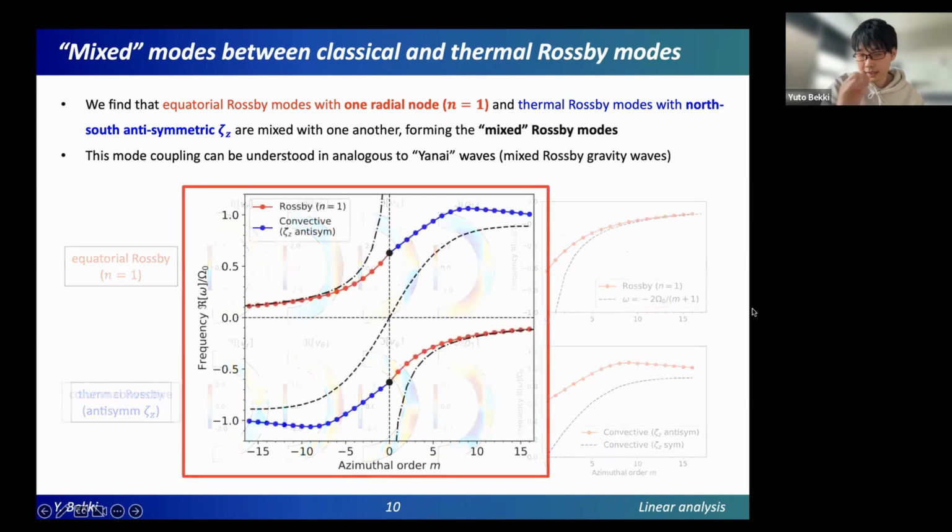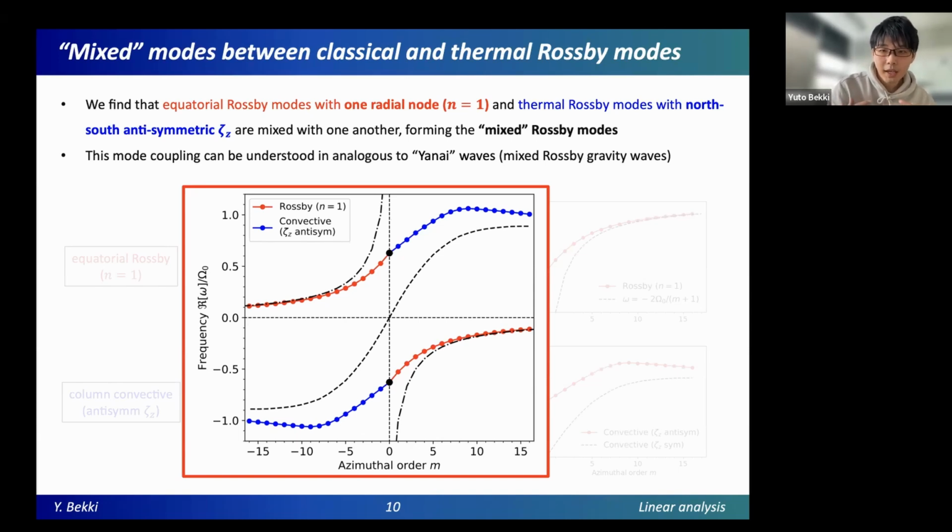What is interesting is that when they are plotted all together in a single dispersion diagram extended to negative m, we see that the dispersion relations of these two oppositely propagating modes are actually connected with each other across m equals 0. This means that these two modes are actually mixed with each other.